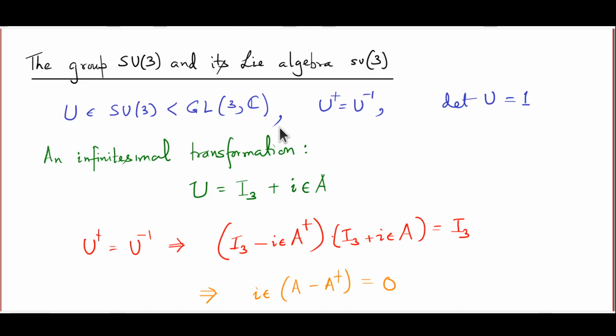This is of course the subgroup which consists only of the unitary matrices, that is for all the U's which belong to SU(3), U dagger equals U inverse, and the S as always stands for special, that is unimodular. So determinant of U has to be 1. As I have said, the group SU(3) is of great importance in particle physics especially, also in other branches of physics, but mostly in particle physics.